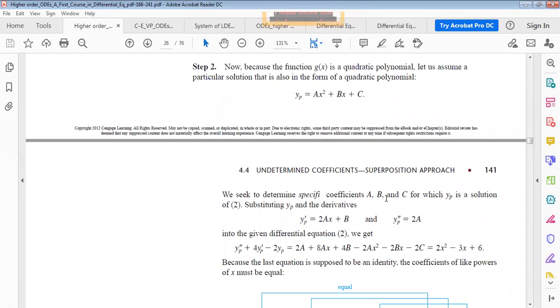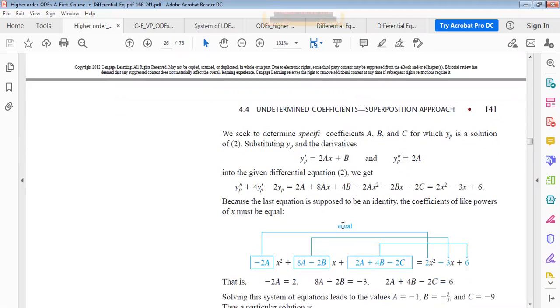Now the coefficients a, b, and c for which yp is a solution of equation 2: substitute yp and its derivatives. Taking the first derivative, yp dash will be 2a x plus b, and c becomes 0. Double differentiation gives 2a, since the derivative of 2a x is 2a and b is 0. Remember, a, b, c are constants, not functions of x.